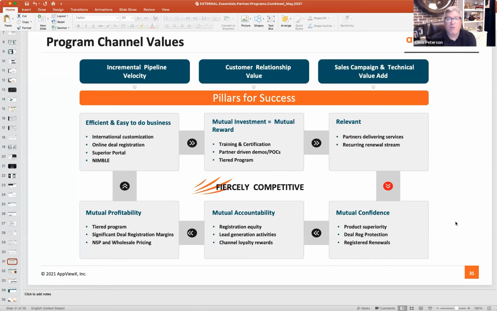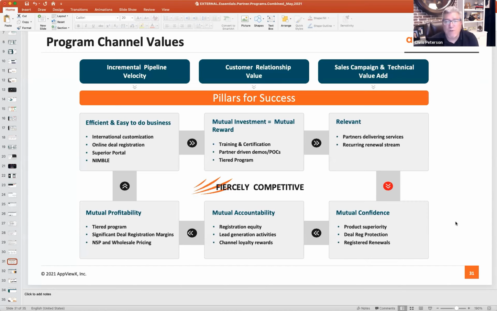Leveraging that second box you see there, which is customer relationships. That's what you really bring to the table, your weekly, daily discussions with the decision makers in the accounts that you support, of huge value to us. And then, of course, sales campaigns and technical value add that you provide to your accounts.